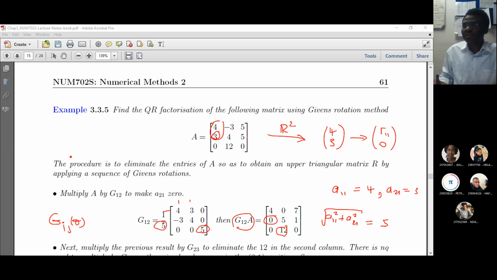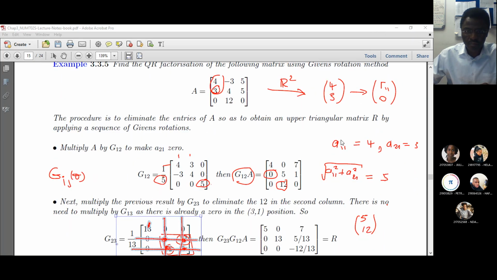So in the first example, we are given a matrix. We are given this matrix, A equal to 4, 3, 0, -3, 4, 12, 5, 5, 0.